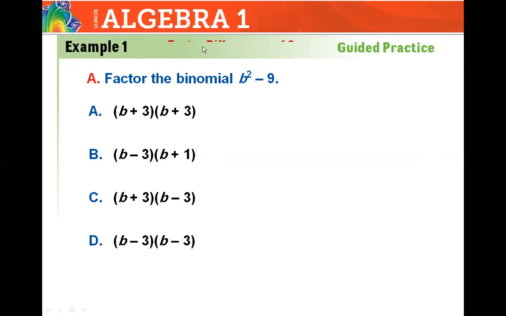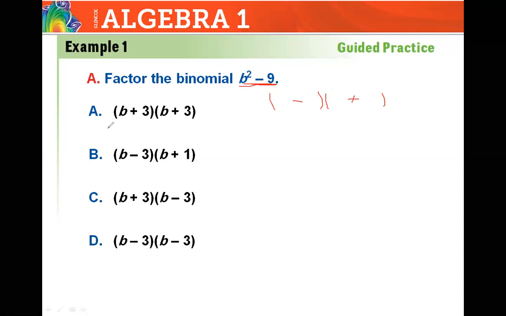We said that if we have only two terms, it's a difference of two squares if the first number is a perfect square and the second number is a perfect square. So we make two brackets, Hashim. This is the first step. The first bracket is positive and the second bracket is negative, or the inverse. So you must have two different signs.